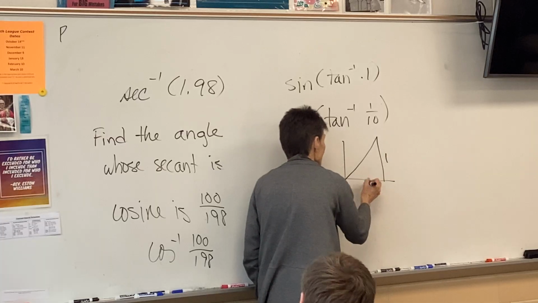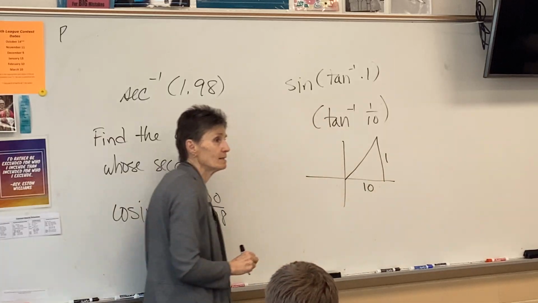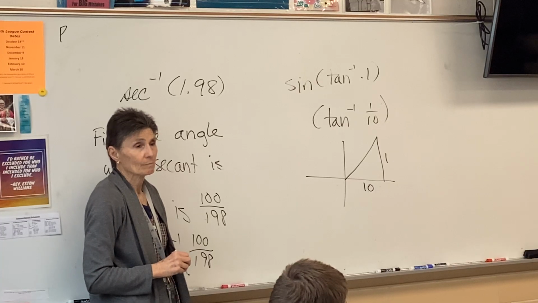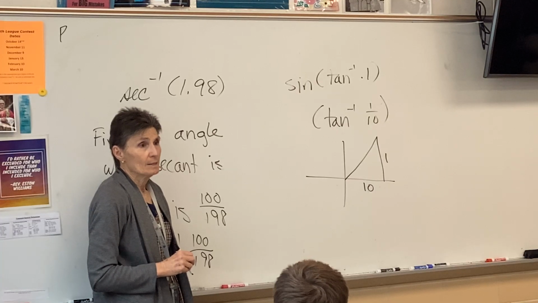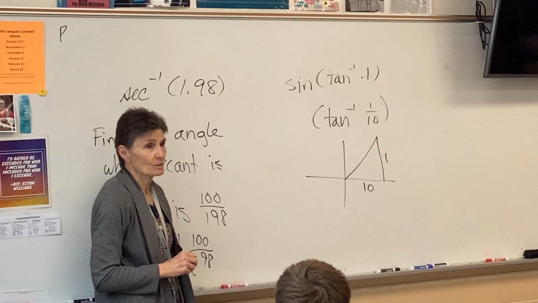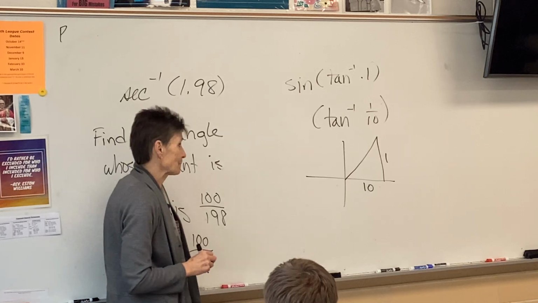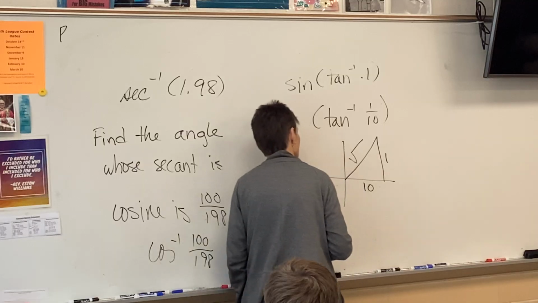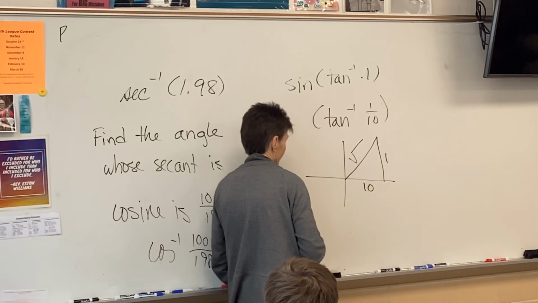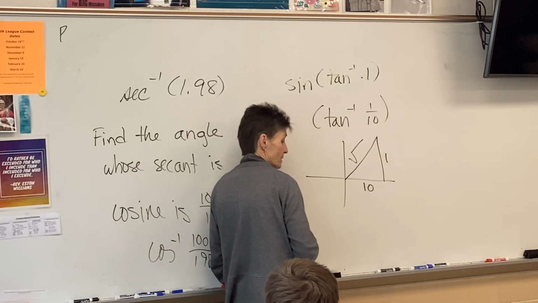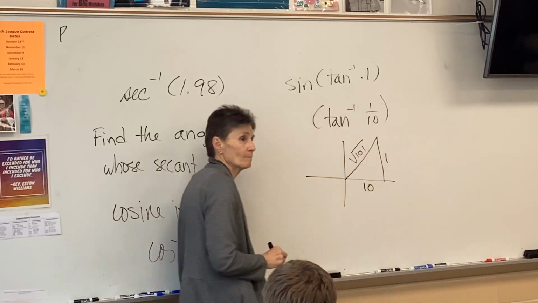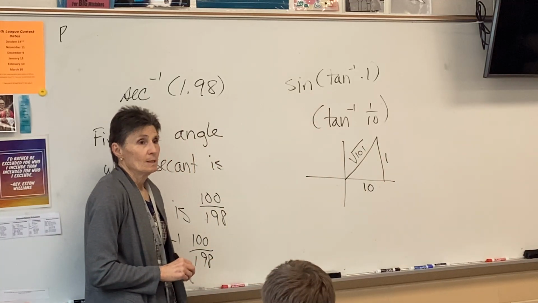Opposite is 1 and adjacent is 10. Okay? Now, can I find the hypotenuse? What will it be? The square root of something. A squared plus B squared equals C squared. So the square root of what? 101.